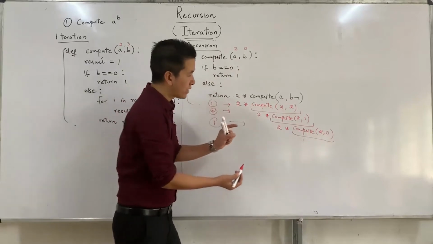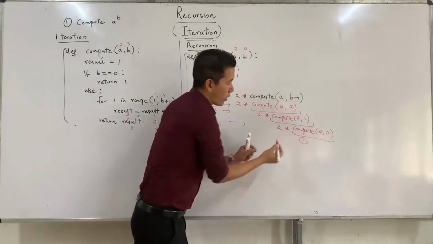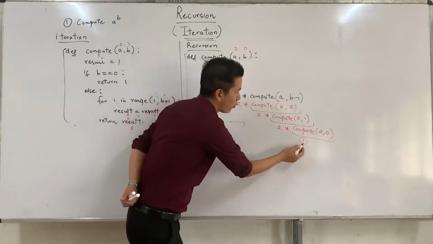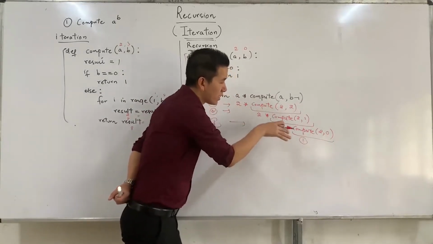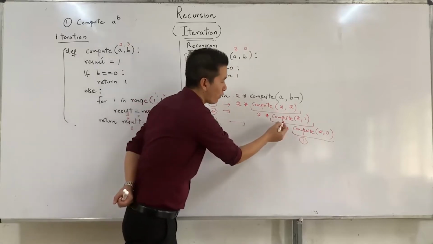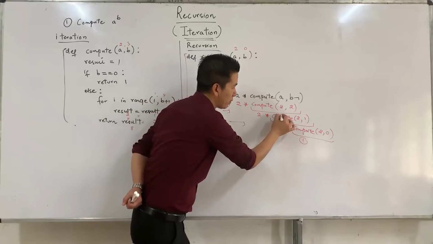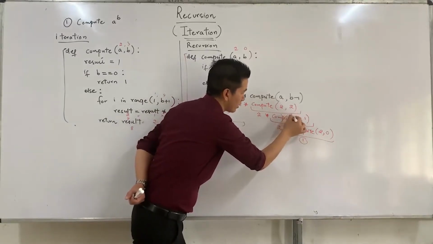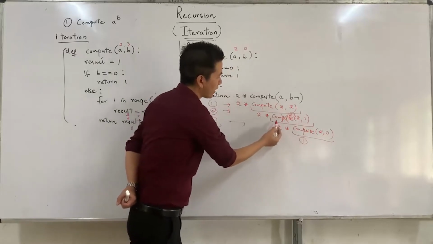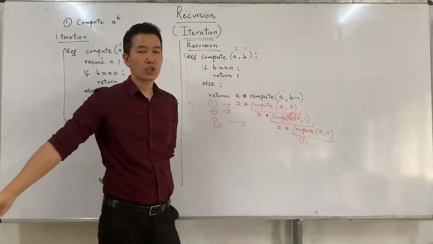Okay, if I could repeat, this final call has generated the answer as 1. So 2 into 1, which is 2, is the returned value of the earlier call, of the last call. So this will be replaced by 2, okay, it's a little messy, sorry, 2, and then this as a whole is called by this function call.